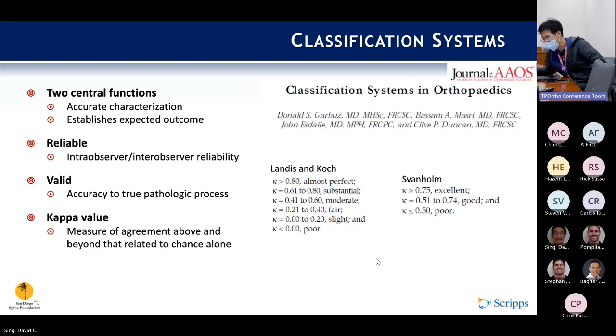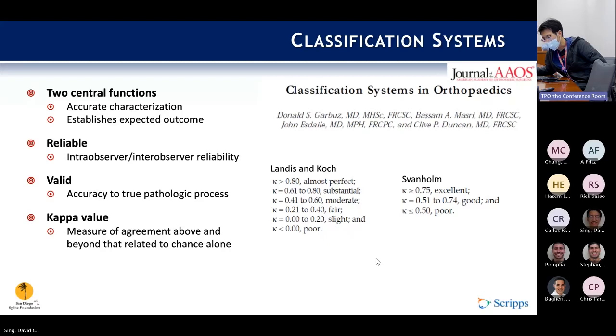How good a classification system is also depends on how reliable it is, between intra- and inter-observer reliability. So the same person classifying the same injury the same way between observations, and also different observers classifying it the same way.